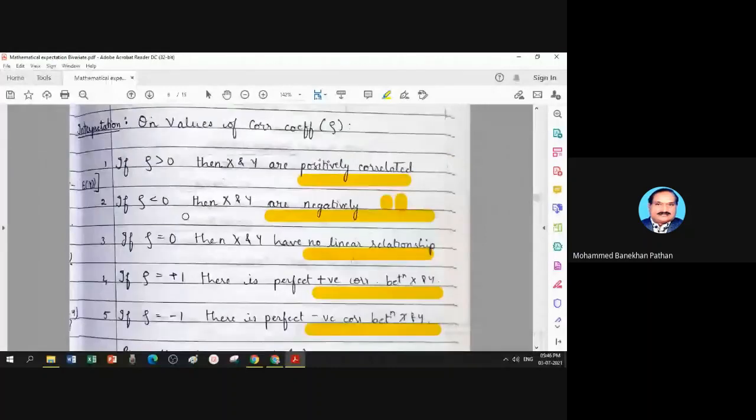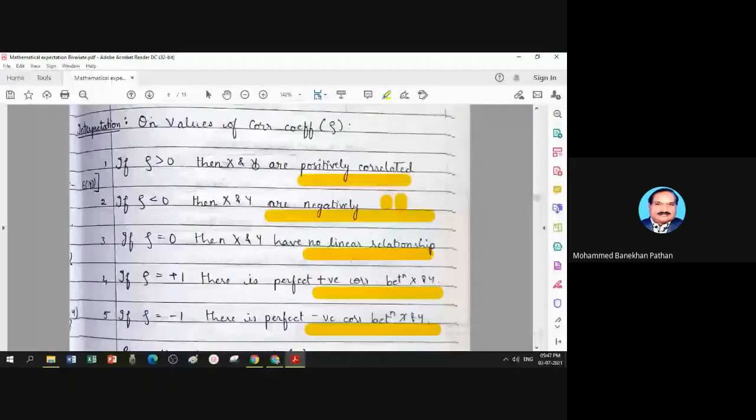Interpret rho greater than 0, rho less than 0, only positive or negative. So you don't have a guarantee about the relation of x, y. Or if x increases, y also increases. There sometimes x increases but y does not increase.